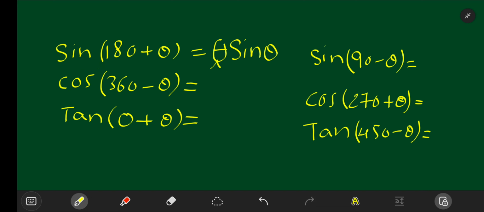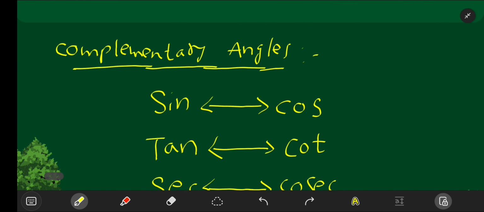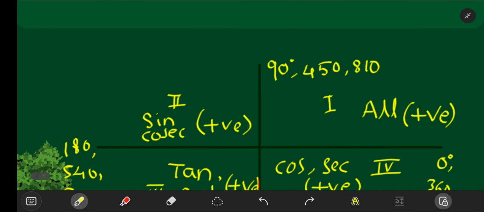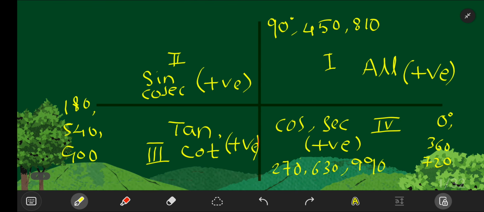Because 180 plus theta, here is the 180 degrees, plus theta in the sense it comes to third quadrant.